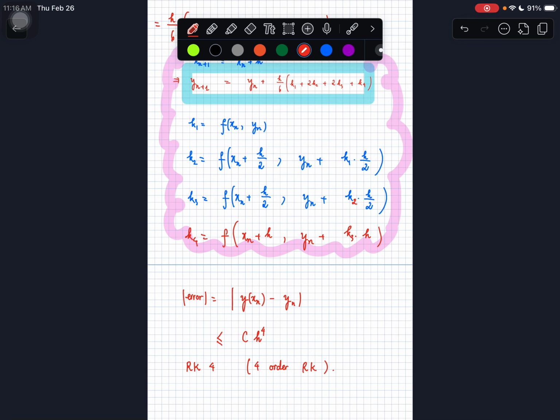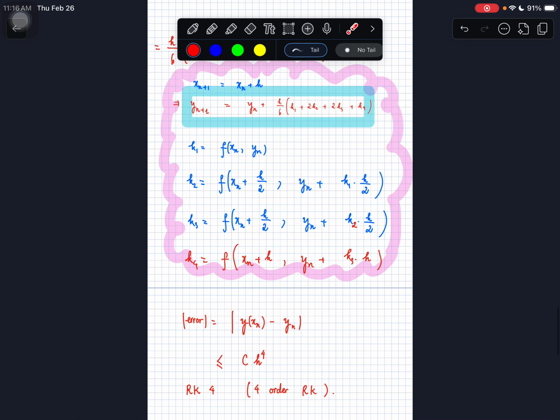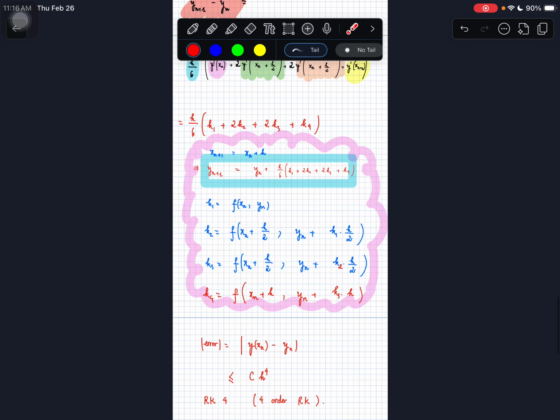So is it much better than Euler's and improved Euler methods? For Euler's method, the error term is bounded from above by c times h. For the improved version of Euler's method, c times h squared, and in this case we have c times h to the fourth. So here's the formula.